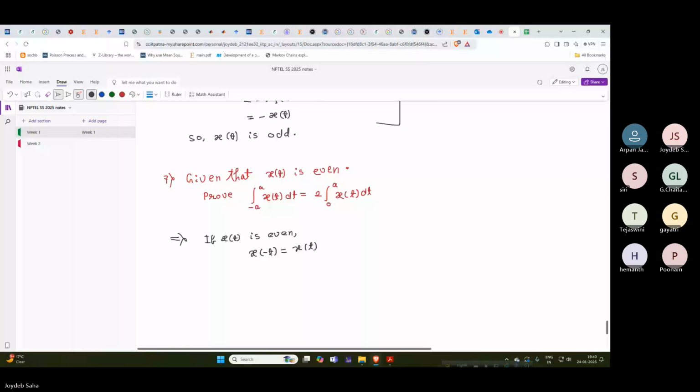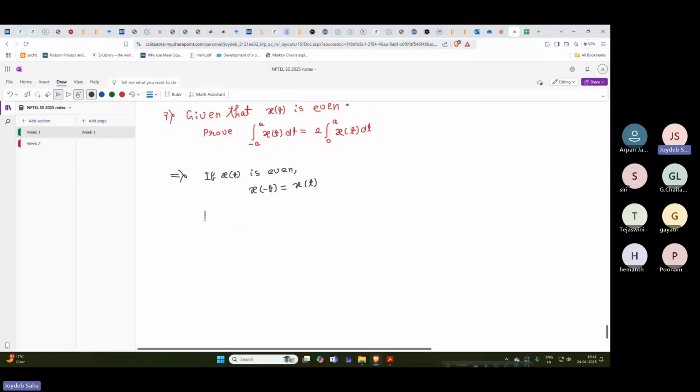Fine. Now, can we break the integral from -a to +a of x(t) dt into two parts?